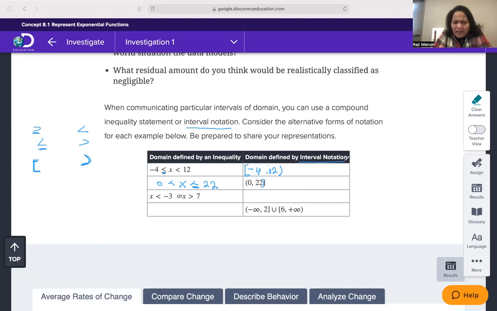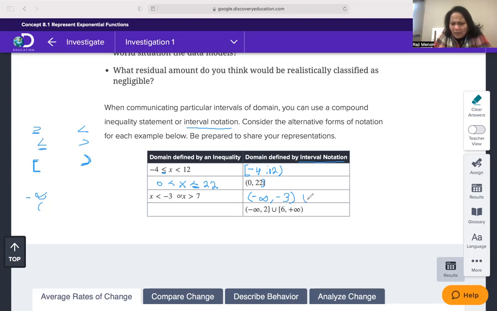Think about all that. Here x is less than or equal to -3. So x less than negative means it always goes to negative infinity. With infinities, you only use parentheses, okay? Not the bracket. So whenever infinity comes, you use parentheses, negative infinity, positive infinity. So when I am converting this, it goes from negative infinity all the way to -3, but -3 is not included because there is no equal sign.